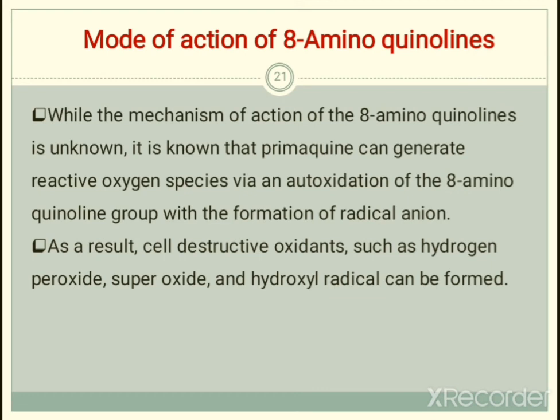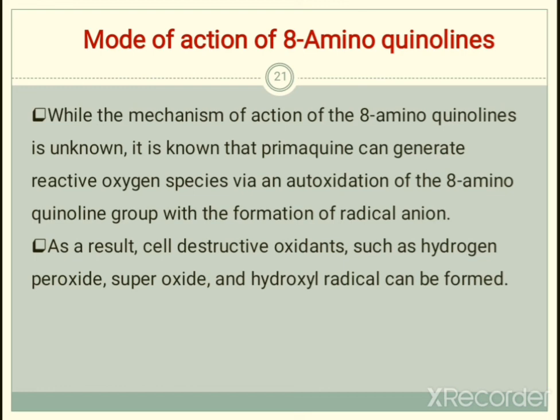So the mode of action is basically unknown, but it is reported that primaquine generates reactive oxygen species, ROS, by auto-oxidation, meaning it is itself oxidized. Okay, and it will form the radical anion, meaning reactive oxygen species.